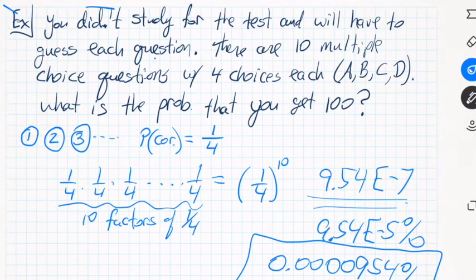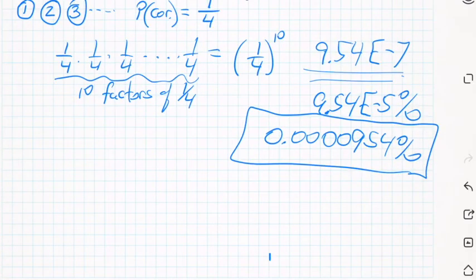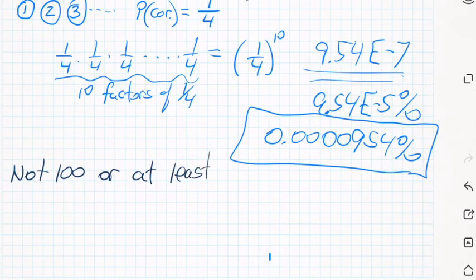Then we can say, well, what was the probability of not getting 100? Or getting at least one wrong? So, not 100? Or at least one wrong? Now remember, at least one wrong is one wrong or two wrong, all the way up to all 10 of them wrong.